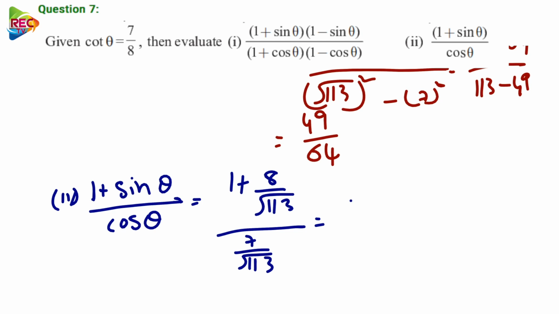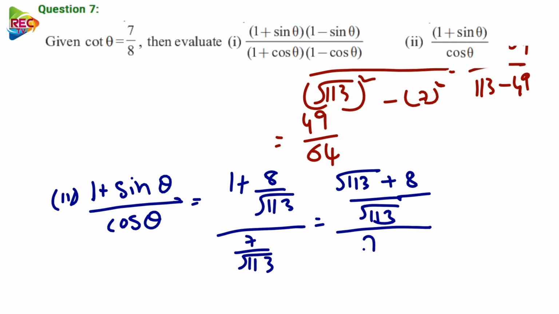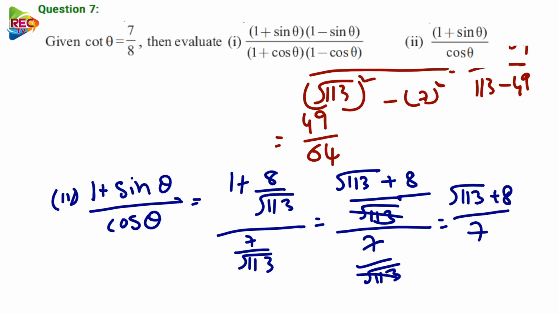Take the LCM, square root of 113: 1 into square root of 113 plus 8 by 7, the square roots of 113 cancel. So 1 plus sin theta by cos theta equals square root of 113 plus 8 by 7.